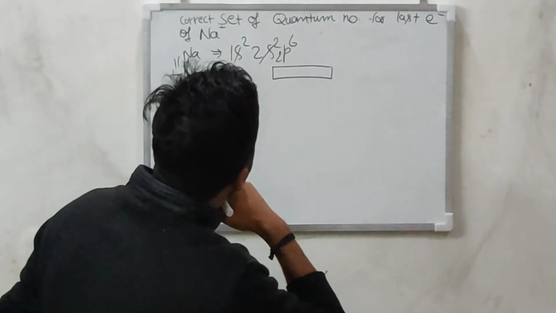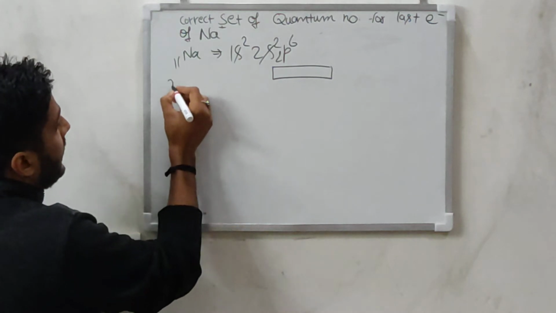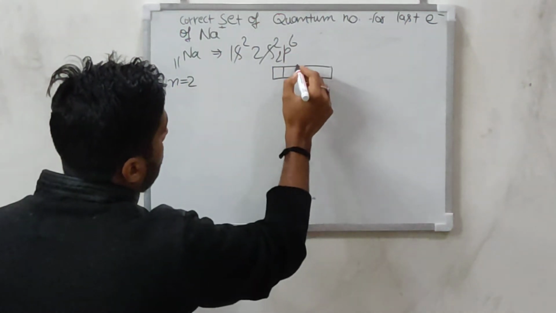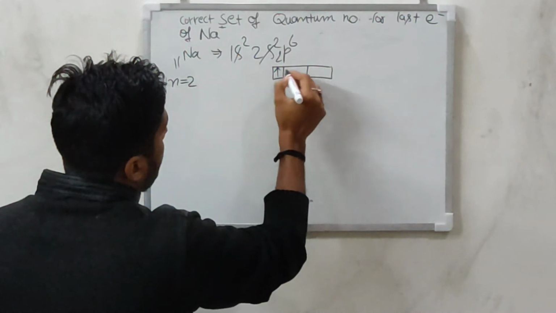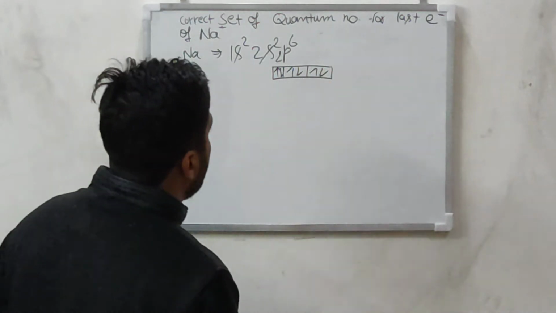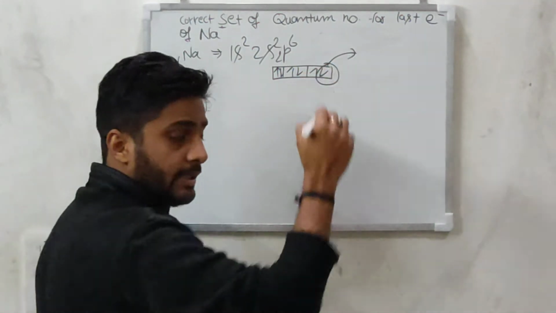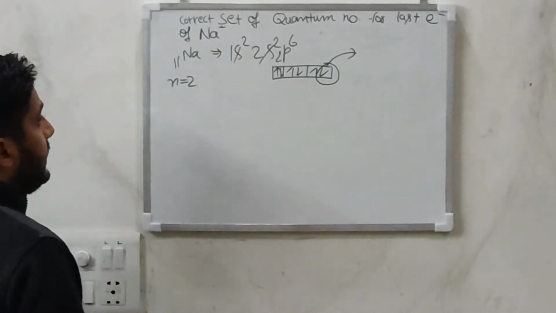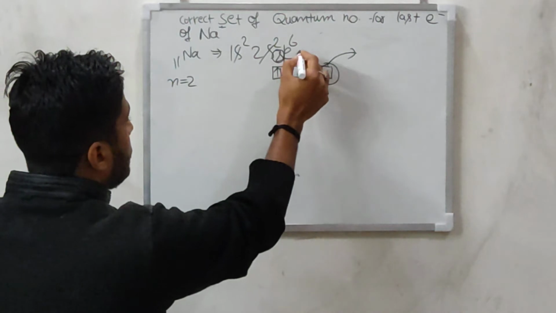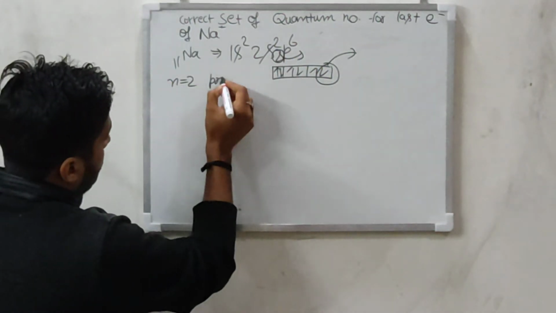So we have to know that for n equal to 2, in this case, we have 1, 2, 3, 4, 5, 6 electrons. We have to find all four quantum numbers for this particular last electron. For this electron, the value of n, that is the principal quantum number, is 2.